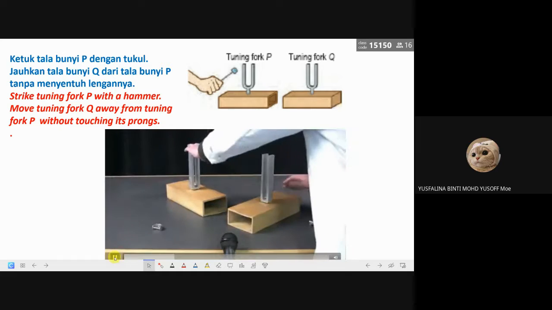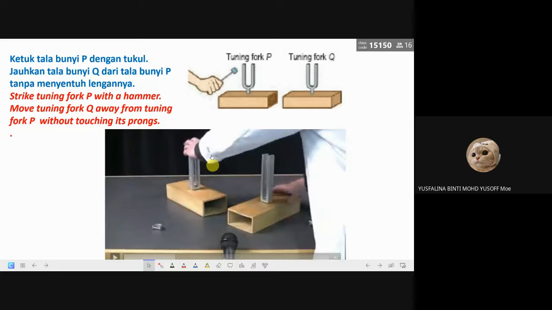Okay, so you can see that even if you stop, let's say, tuning fork Q here, tuning fork P still produces the sound. This means that when you strike tuning fork Q, it vibrates and produces sound, and since they have the same natural frequency, this one also will vibrate.